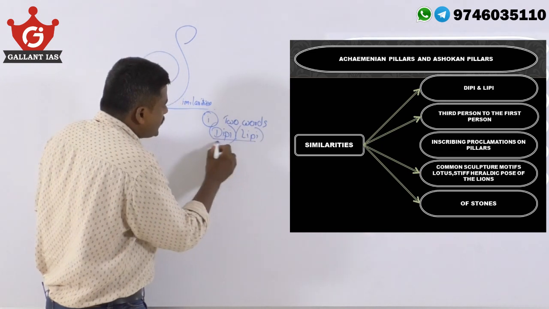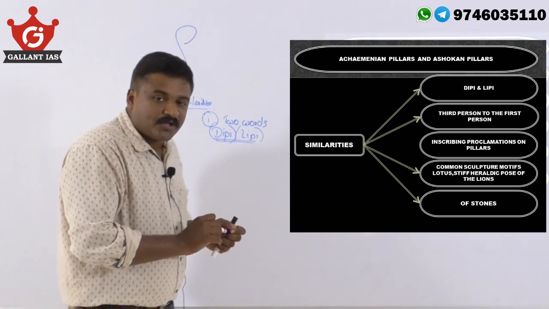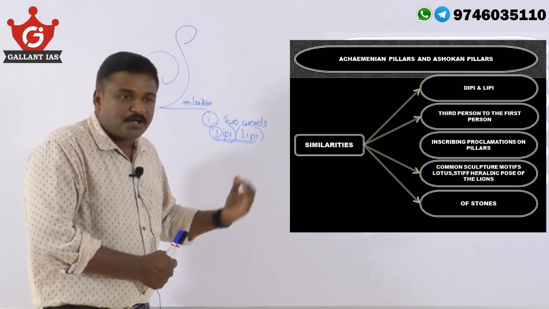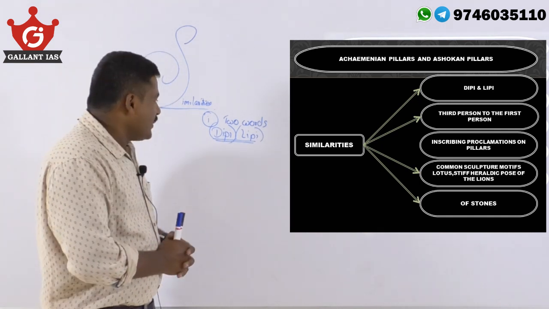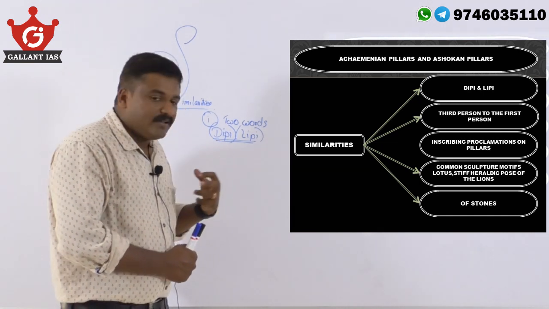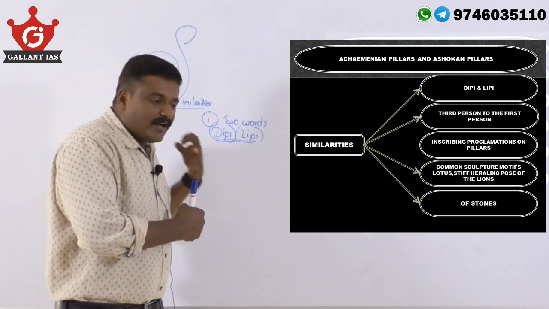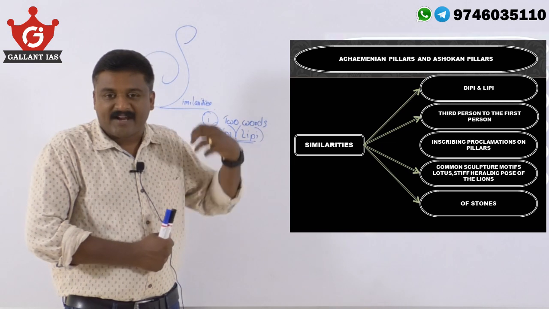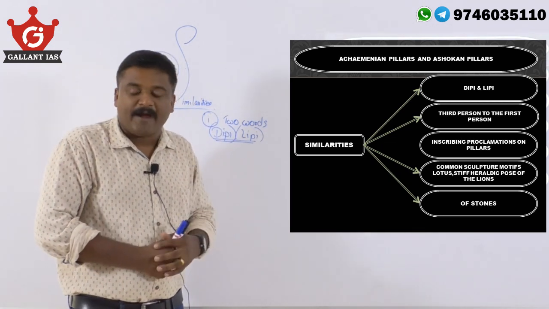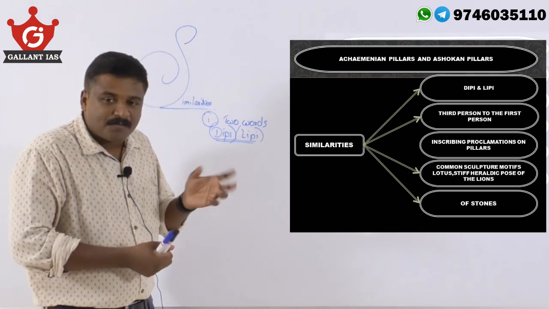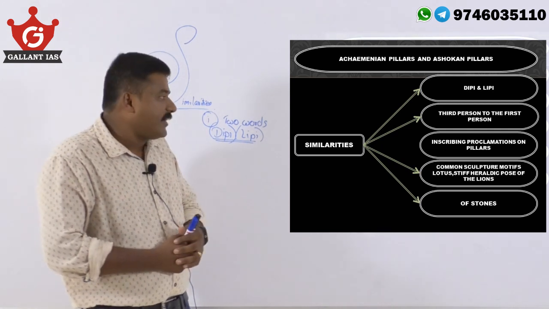These two words commonly appear in the inscriptions of Ashoka and in the Persian inscriptions of Darius. So these two words, Dibi, Libi, commonly appear in the inscriptions of Ashoka the Great and Darius, the Persian emperor. On the pillar inscriptions, we can see these two words commonly appear.